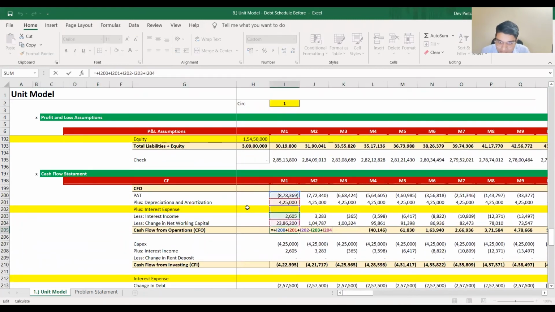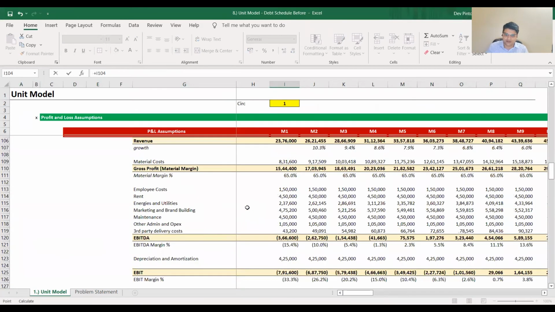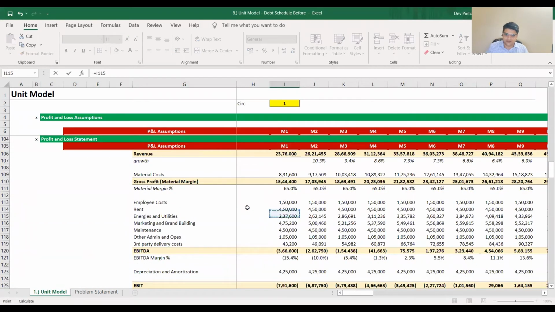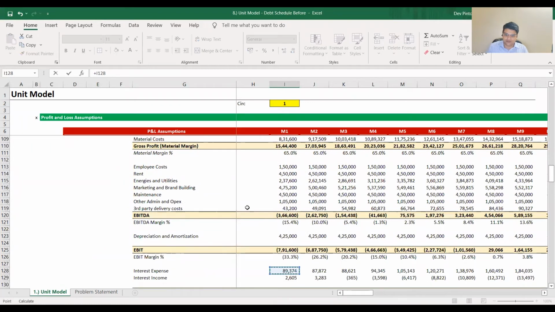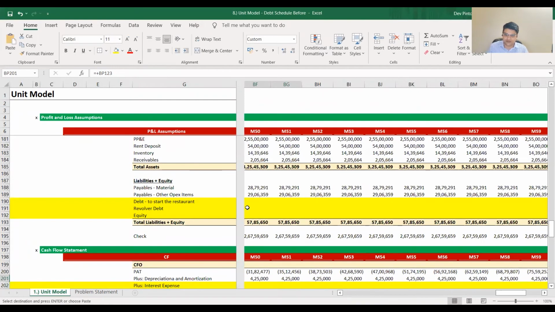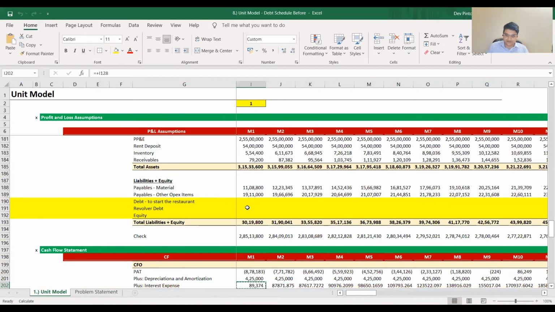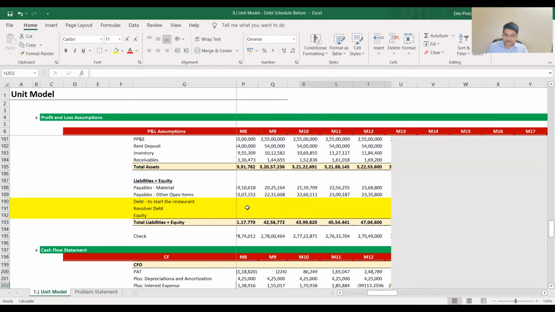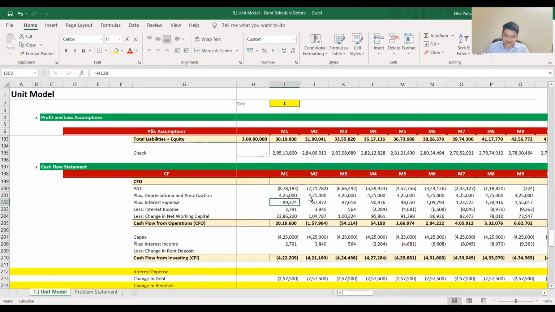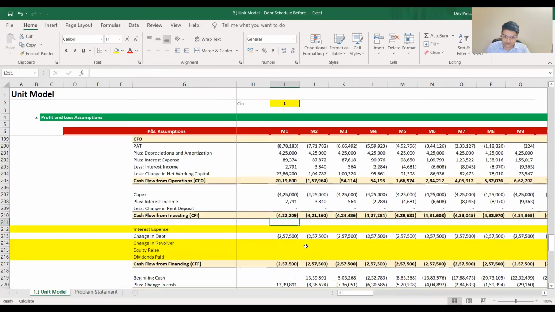What have we done? Plus 202. So we've got to add it back. Add it back. Sum. So it should be minus, right?